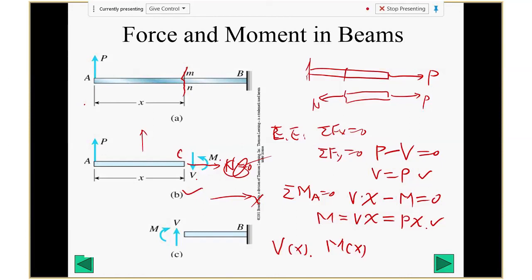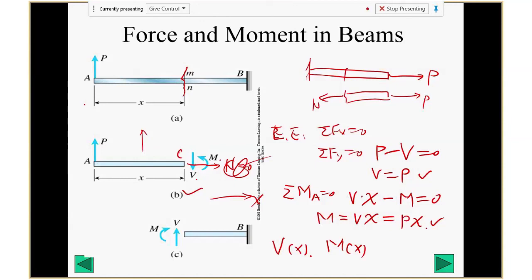Therefore, when we talk about the beam, the moment is going to change everywhere, and the shear force may change everywhere. So you need to find out how V and the moment change, and then find where the maximum is, and that may be the location where things are going to break. If a beam breaks, it's going to break where the load is maximum, right?